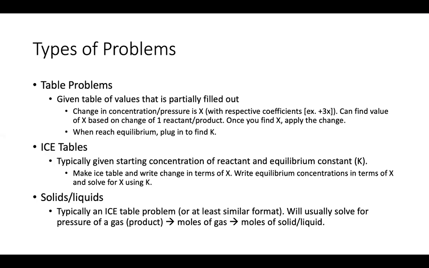Okay, so Ariana in the chat asked, if you're given a value for a liquid at a time interval, can you use it to determine X and find values for other concentrations? I would say that if you're put into that scenario, that's what you should do. However, you probably won't be put in that scenario, right? Because they're going to be giving you pressures or concentrations of reactants and products.